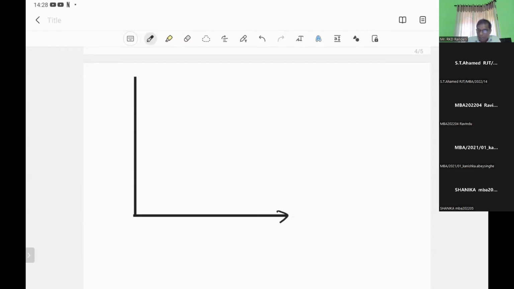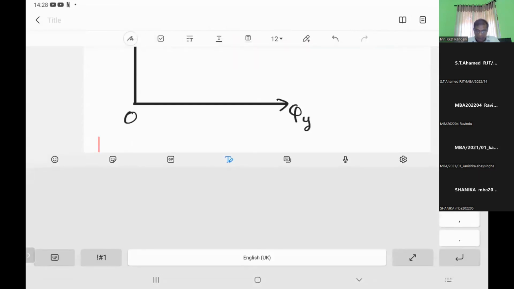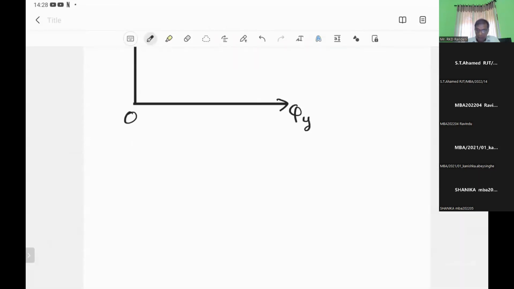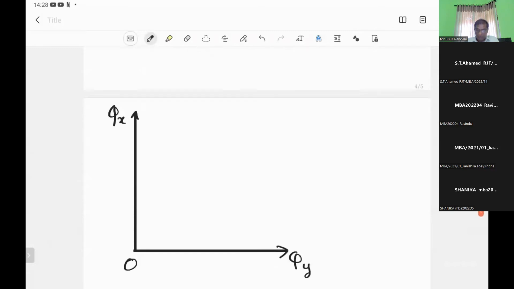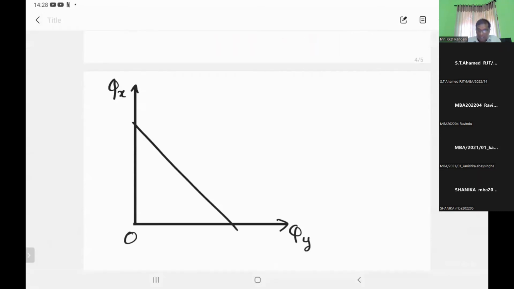Here, quantity y, quantity x, 0. Before the change in income, this is the budget line, right? This is the budget line.